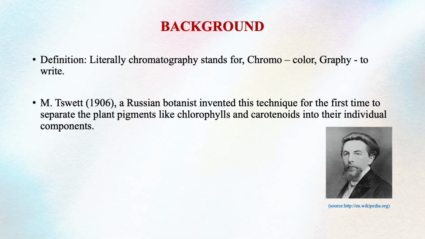The first technique we are going to discuss in this session is paper chromatography. It was developed by a scientist known as Michael Tswett in the year 1906. He was a botanist interested in separating plant pigments, like carotenoids and some chlorophylls.